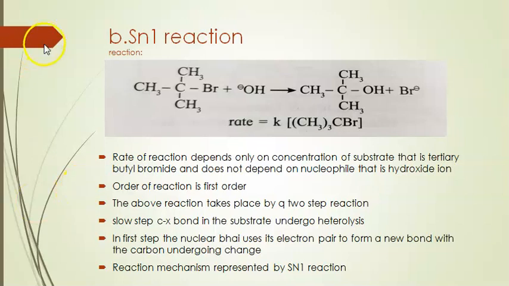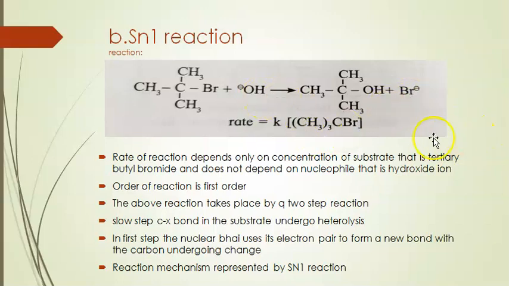Now we have to study the SN1 reaction mechanism. In the SN1 reaction mechanism, that is the hydrolysis of tertiary butyl bromide with KOH or NaOH, there is a formation of an alkyl halide and bromide ion.